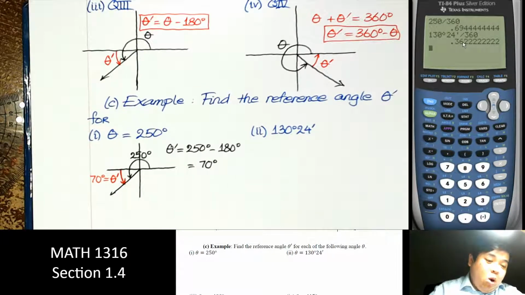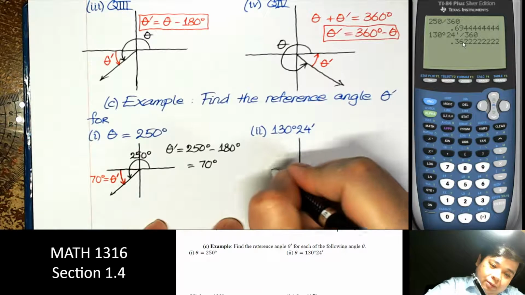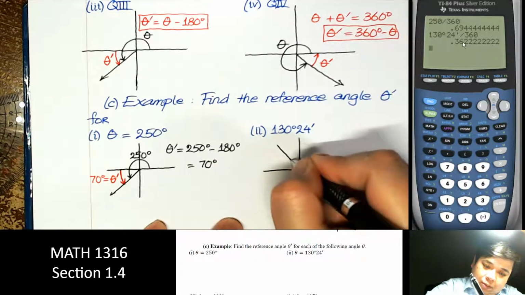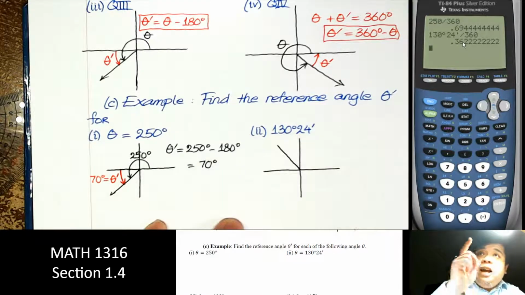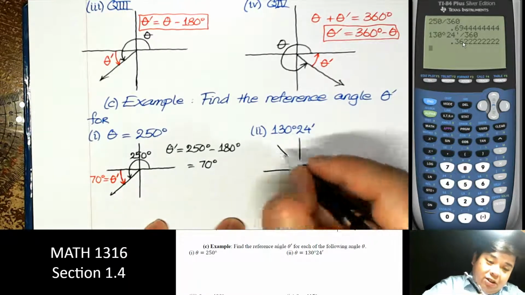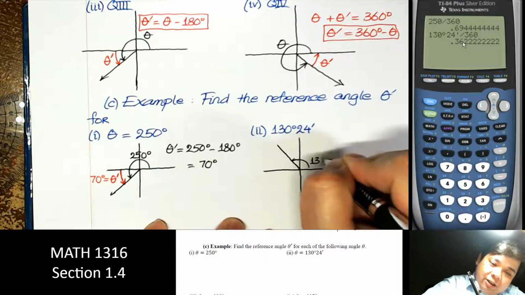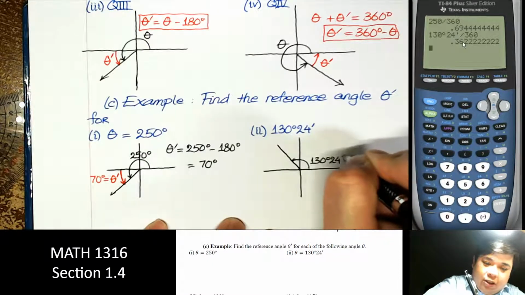So that is in quadrant 2. This is a quarter, and this is a half, and that one is in the middle. So we have 130 degrees and 24 minutes.